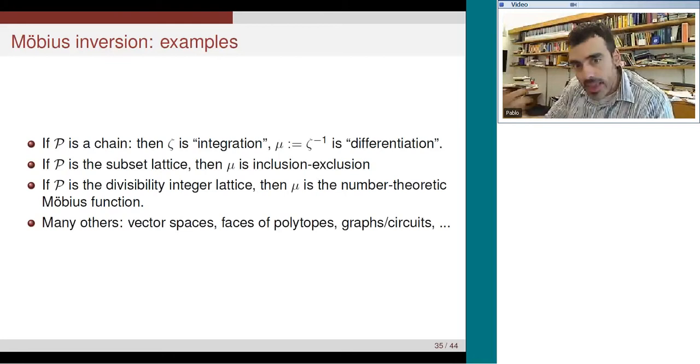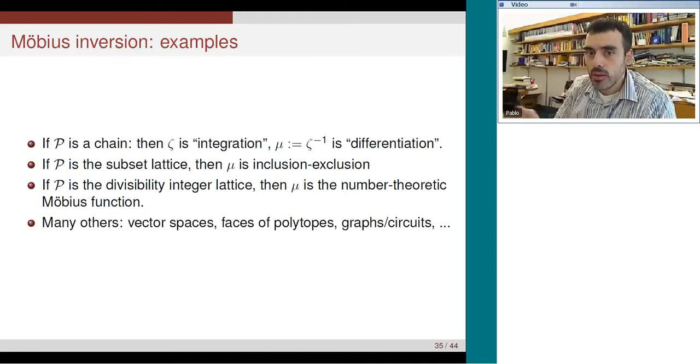So the inverse of that matrix, this new matrix, is exactly going to be differentiation. So in the case where we have a linear chain, this zeta and this mu function, they're exactly doing integration and differentiation along the poset. And whenever you pick other posets with non-trivial structure, you get other combinatorial constructions.